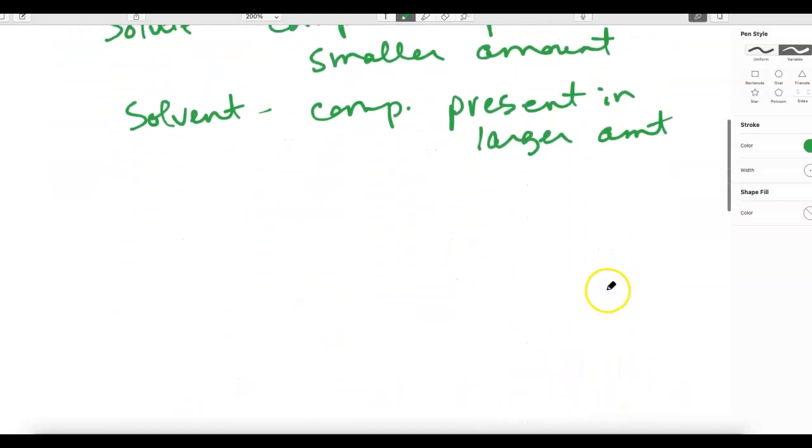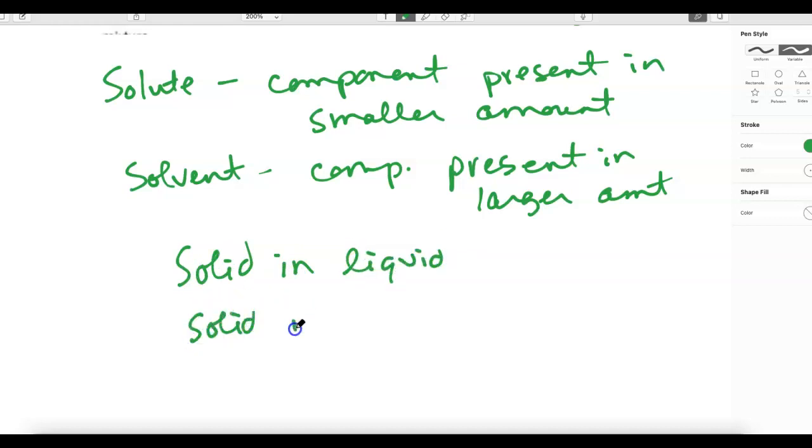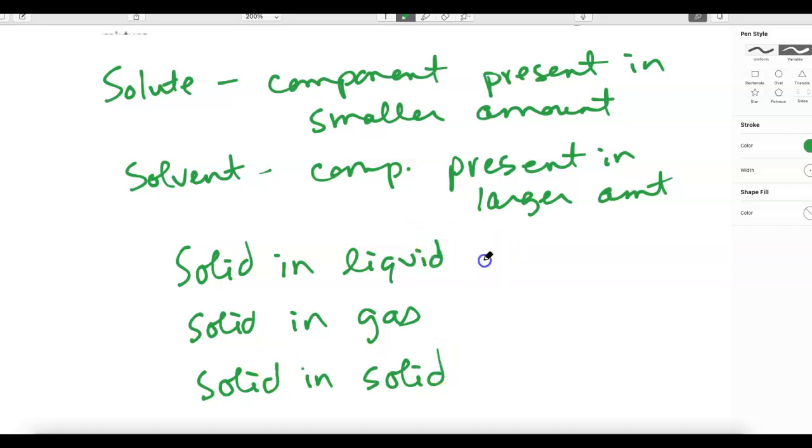And we can make a solution of any of the phases of matter. We could have a solid in a liquid, a solid in a gas, a solid in a solid. The solid in a liquid is something that we're all familiar with. That would be like salt and water.